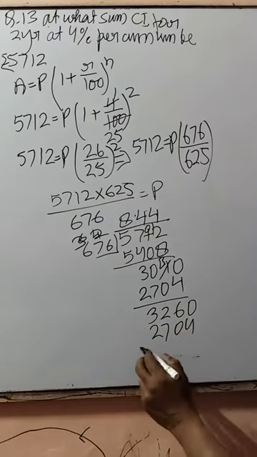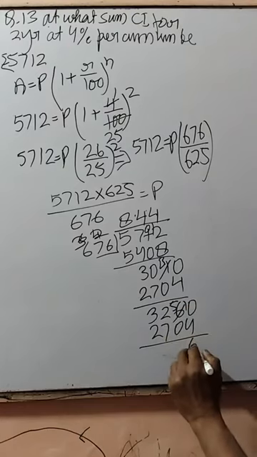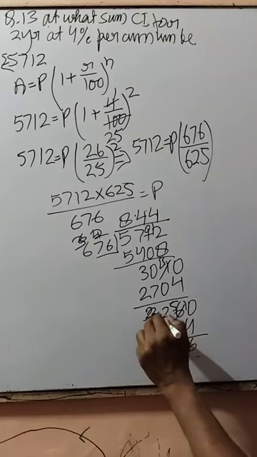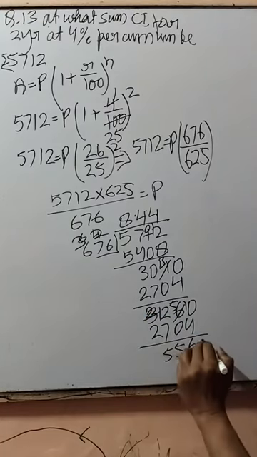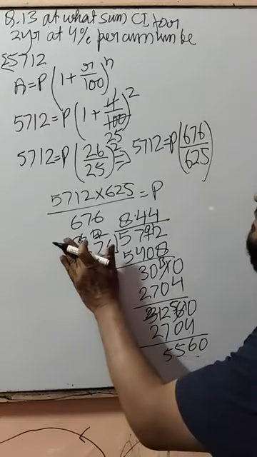It is 2704. Again we take 5 here, 10 minus 6. Now it is not going.